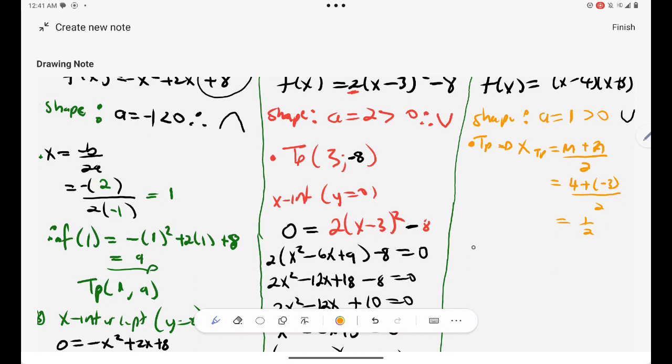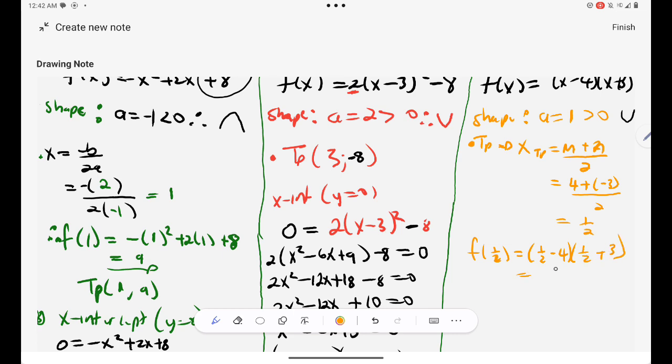And then for me to find the corresponding y value, I will say f of 1 over 2 is equal to 1 over 2 minus 4 multiplied by 1 over 2 plus 3.